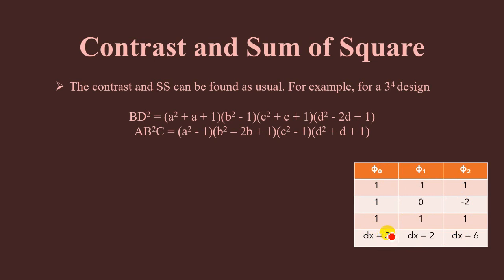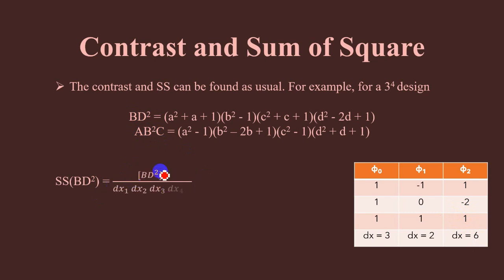If a factor is contributing linearly, then its contribution is 2 in the divisor, while if a factor is contributing quadratically in the interaction, then the corresponding component in the divisor will be 6. So let us discuss the sum of squares for BD square and AB square C.